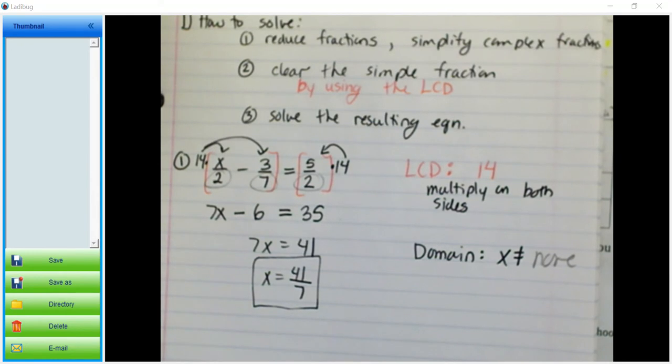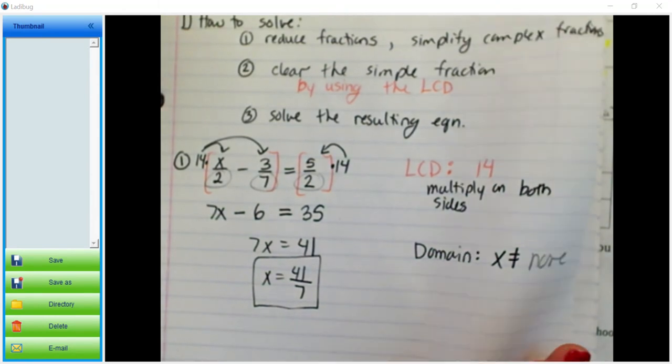Okay, second question. Number 2. Scooch up. Okay. Not that much. Couple lines, I guess.